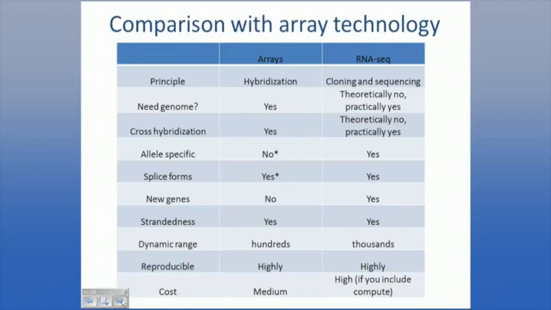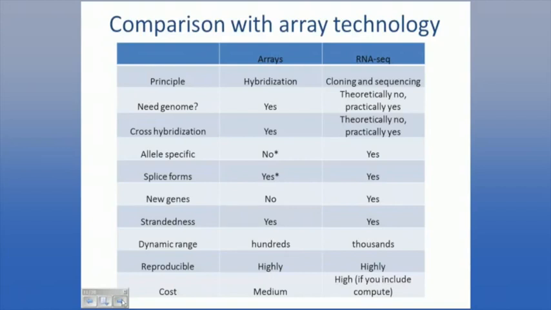So with arrays, you could put down either strand if you need to, for example, with short oligonucleotides or long oligonucleotides. The dynamic range is better for sequencing depending on read depth. If you sequence 50 million or 100 million reads on a sample from a complex vertebrate genome, you have thousands of fold of dynamic range.